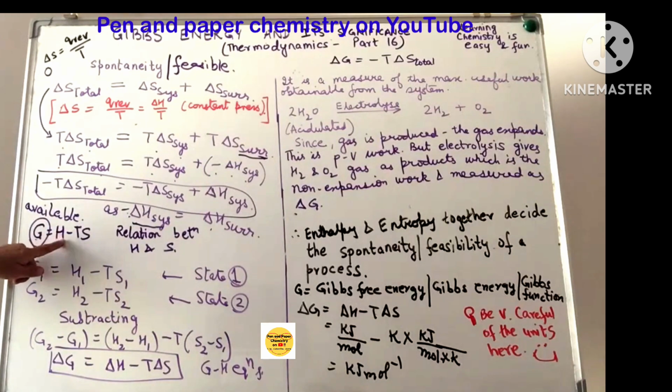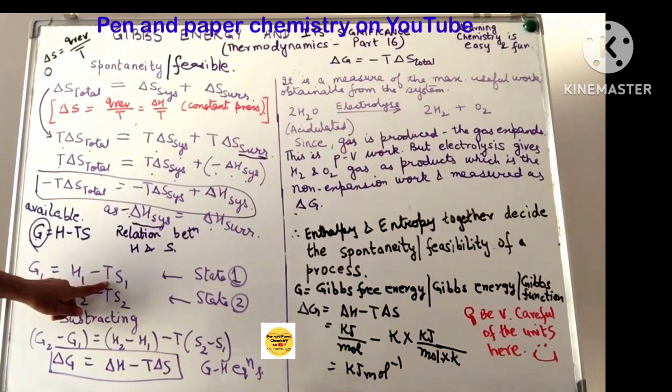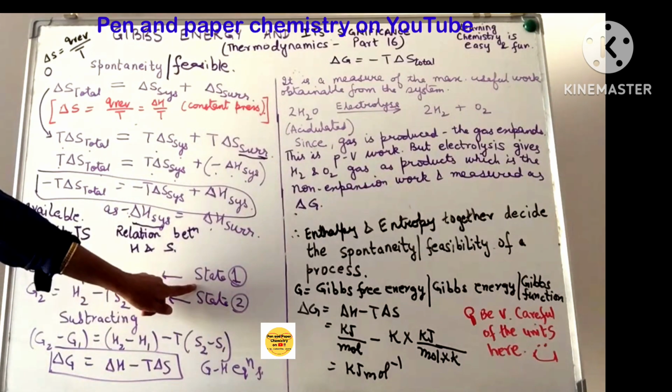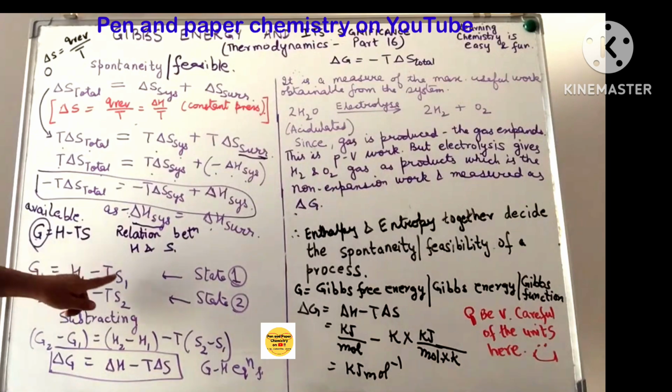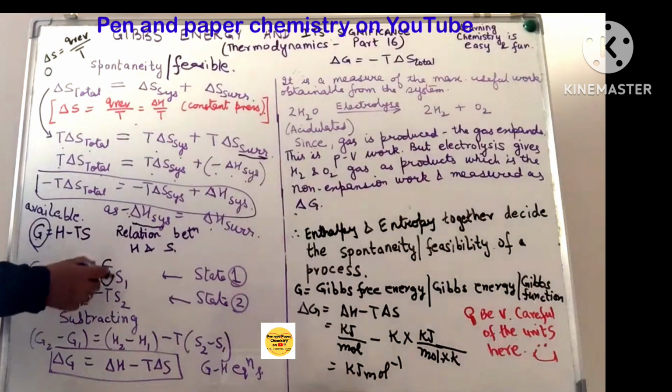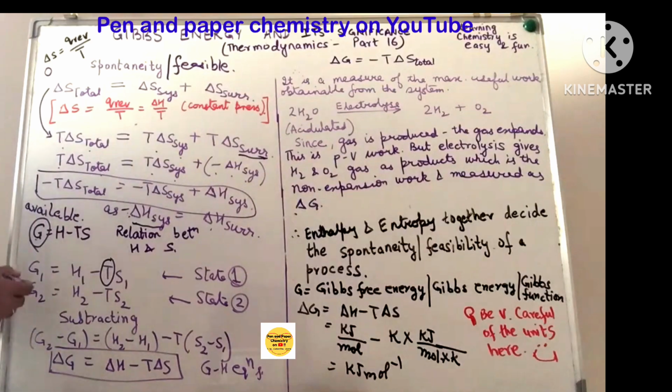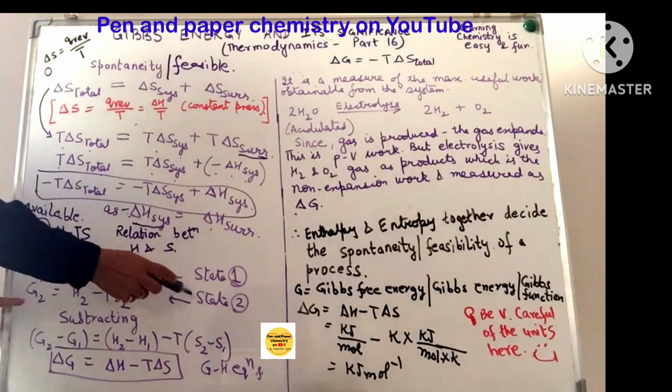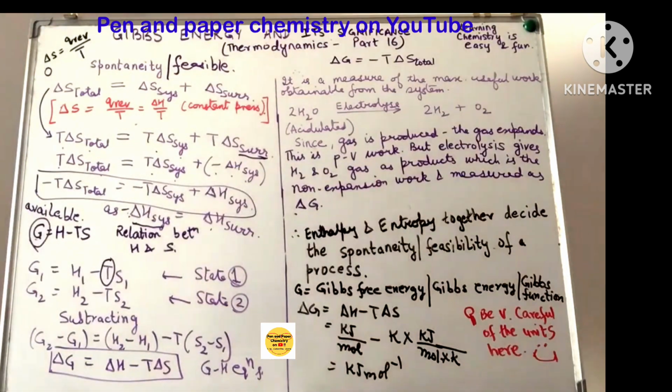Depending on the state of the system, we have G1 is H1 minus TS1. This is in state 1, the enthalpy and the entropy of the system when the process is carried out at constant temperature. G2, that is when there is a change in enthalpy, you either provided heat or the system loses it.